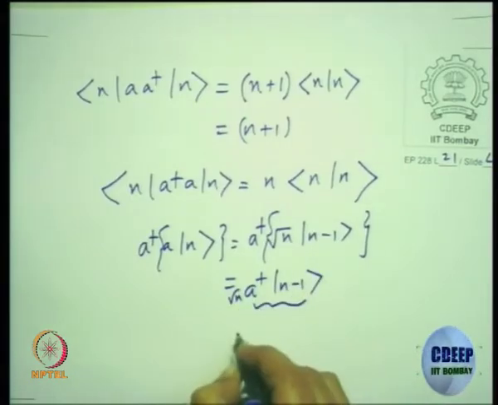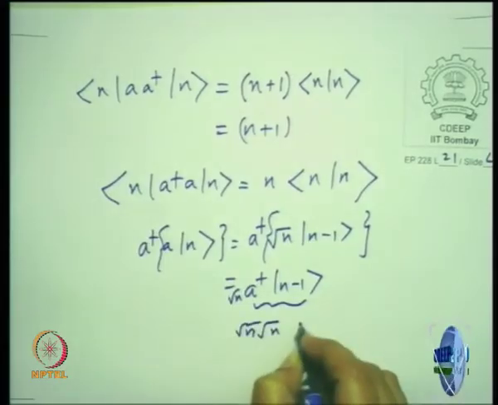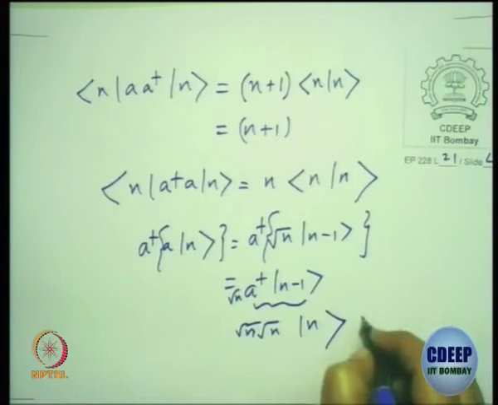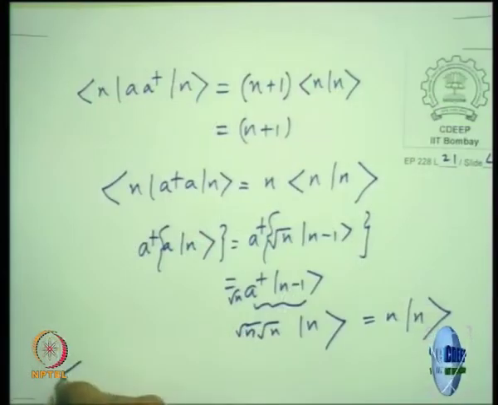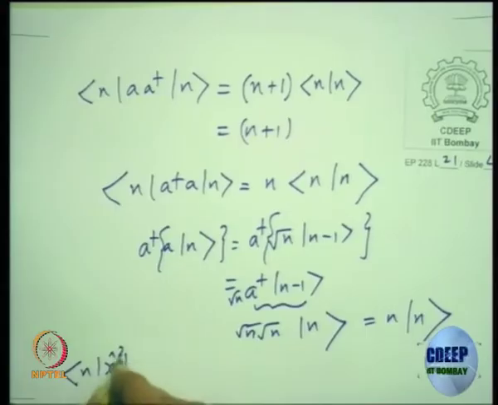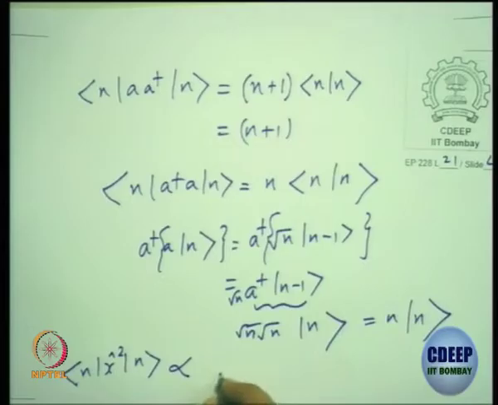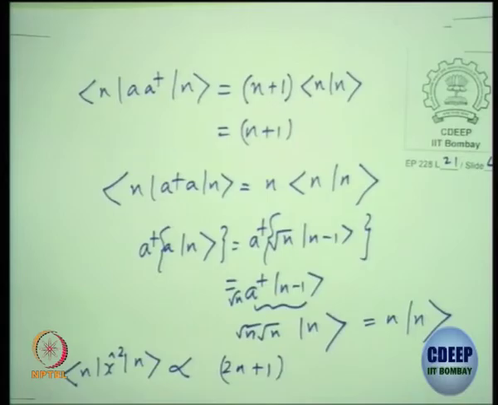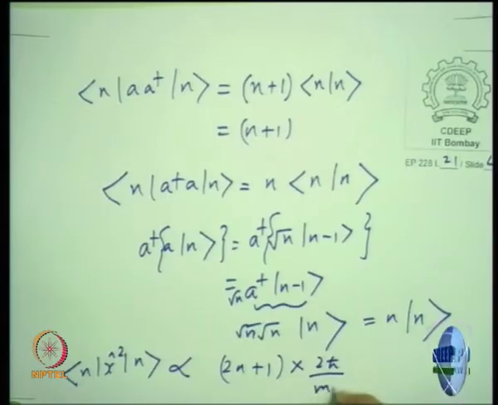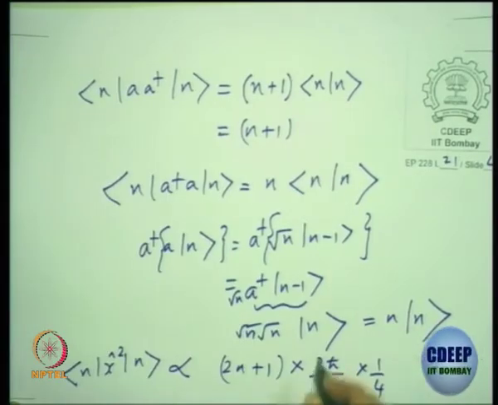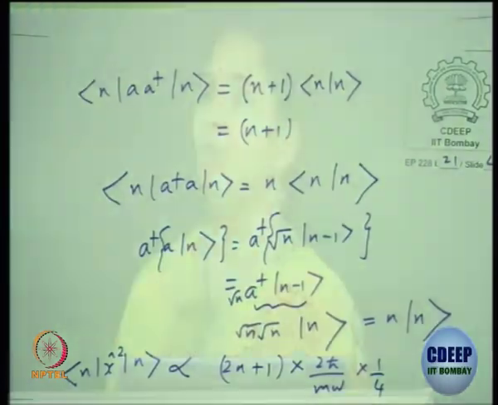So this piece is another square root n times n. So expectation value of <n|x squared|n> is proportional to, up to those factors, 2n plus 1 times, what are those factors? It is 2 h cross by m omega into 1 by 4. Is that right? So this is what you get for the expectation value of x squared.